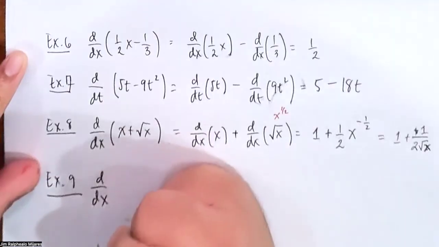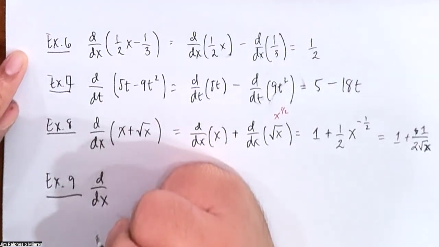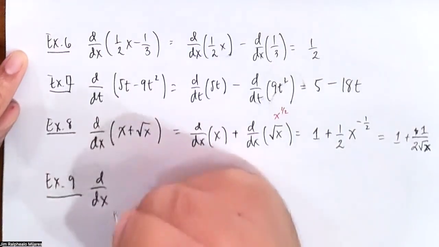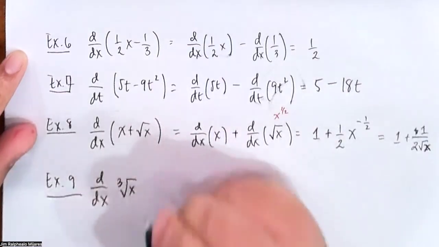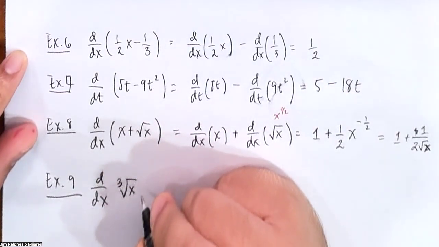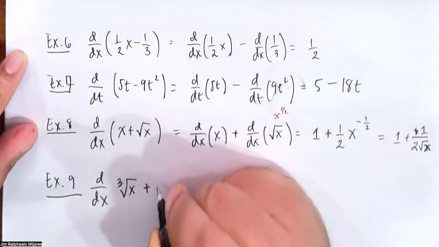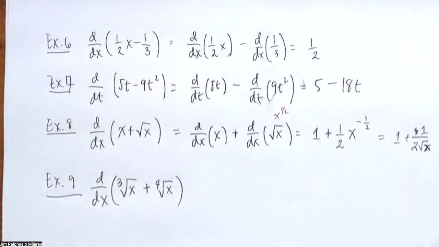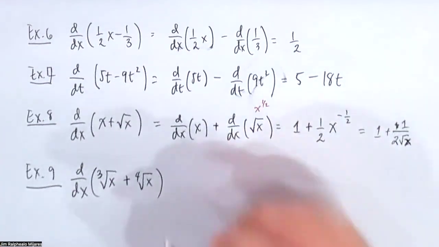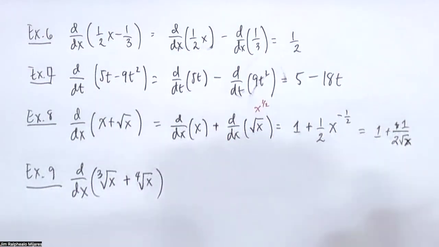What's the derivative of the cube root of x plus the fourth root of x, right? Now, okay, try it out. Answer in 5, 4, 3, 2, 1.